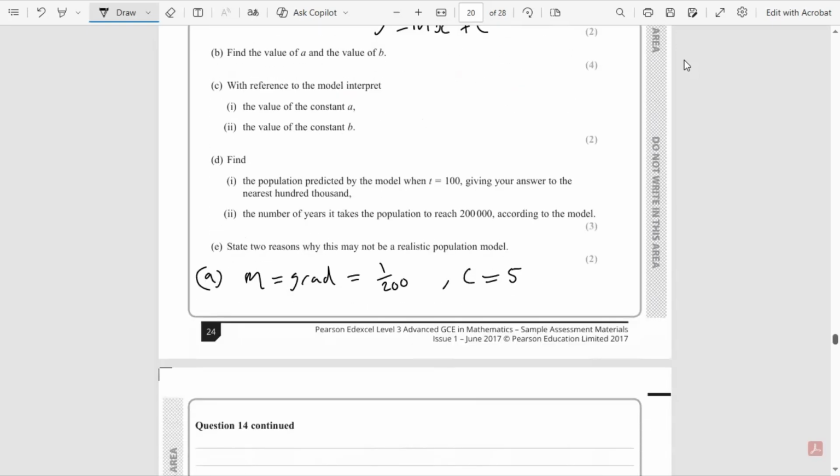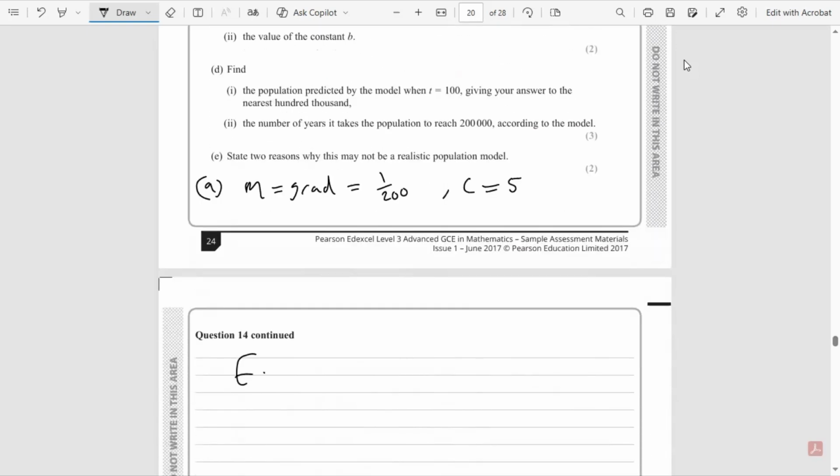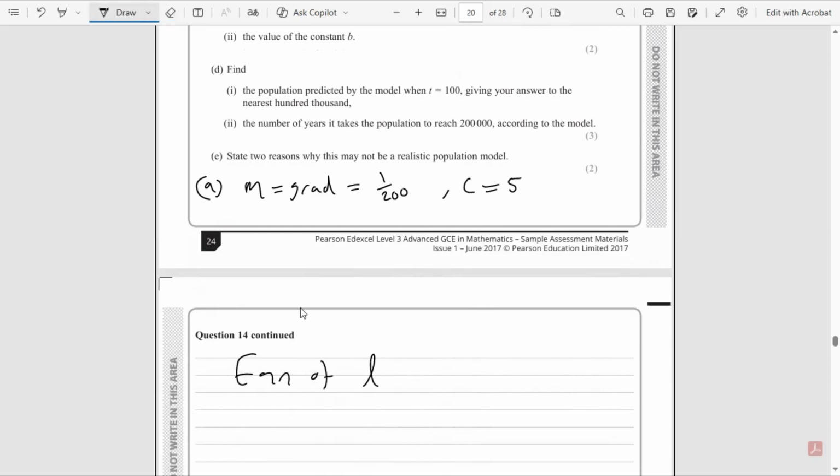So therefore, the equation of L is going to be log base 10 p equal to the gradient 1 over 200, times the x variable t, plus the y-intercept of 5, and that's our equation for the line.